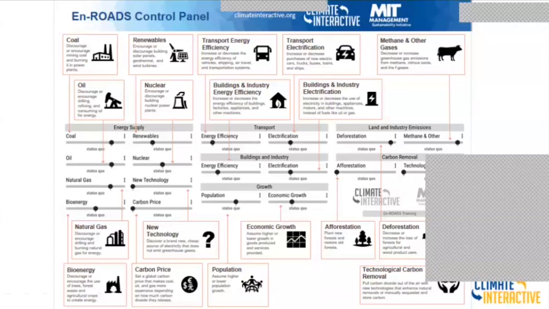So what we're going to do is address how we're going to put carbon dioxide into the air. Each one of these sectors can be moved, and we can adjust what we can do to meet these changing demands. Here we have transportation, so we can do energy efficiency, which looks at making vehicles better at utilizing gas per mile, or making electrification a possibility, in which we're going to go with electric cars, electric buses and trains.